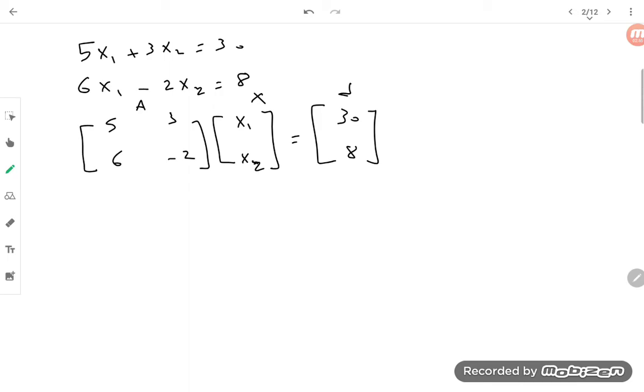So now we would like to solve this system using Cramer's rule. According to Cramer's rule, the first step is to calculate the determinant.